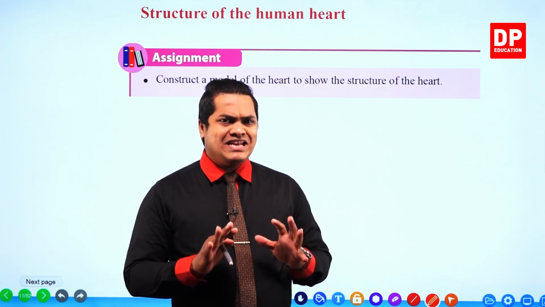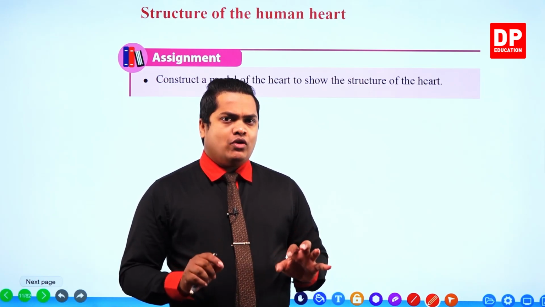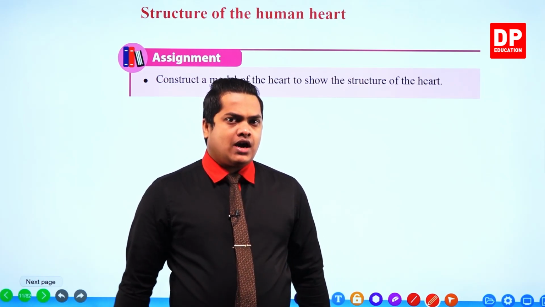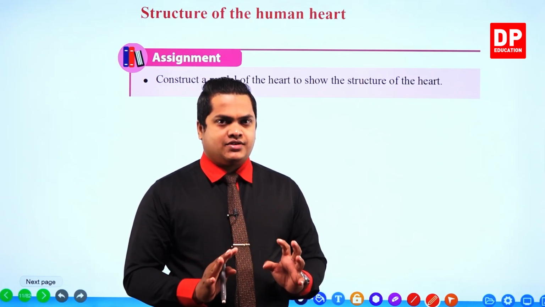We discussed in detail all the parts and structures related to the heart by using a simple diagram, a cross section.